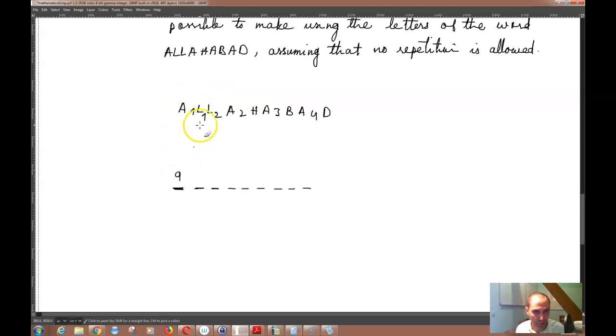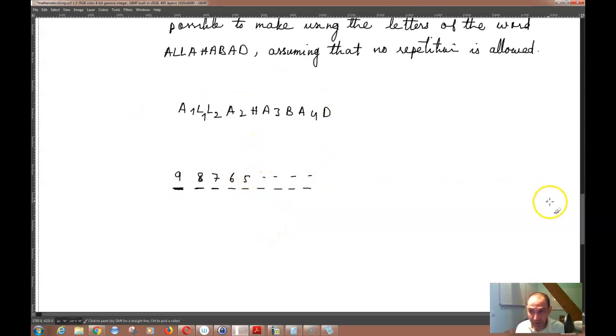Since I have chosen one of these letters for the first placeholder, I will have only 8 different letters to put here. And since I've chosen 2 letters for these 2 placeholders, 9 minus 2 would be 7 letters remaining here, 6 letters remaining here, 5 letters remaining here, and so on and so forth.